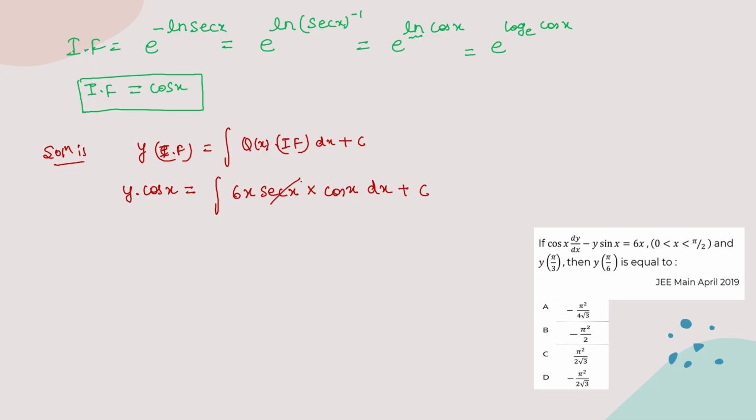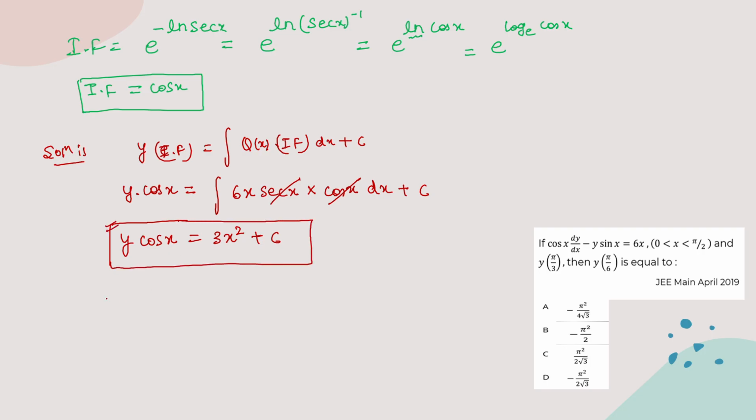And you know that sec x and cos x are reciprocals of each other, so they will be cancelled out, and we will be getting integration of 6x dx, which is x square by 2. So can I say that it will become 3x square plus c directly? Okay, so this is the equation we are getting.